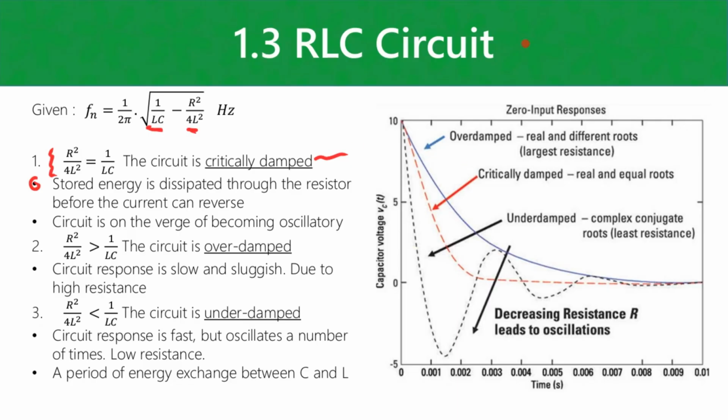Then we also have overdamped systems, which will be the blue curve on the graph. But actually, we're still talking about critically damped systems. In a critically damped system, the energy stored is dissipated through your resistor before the current can reverse.